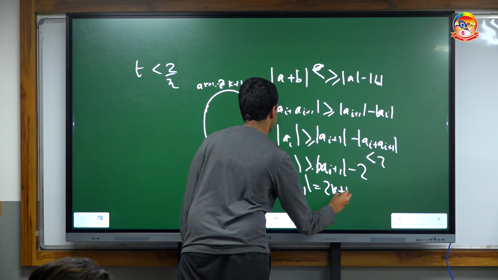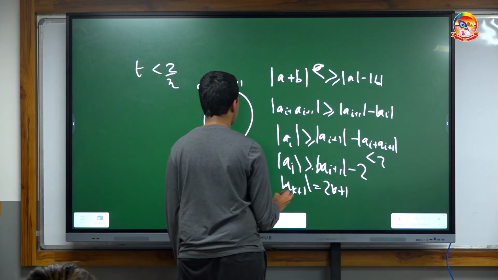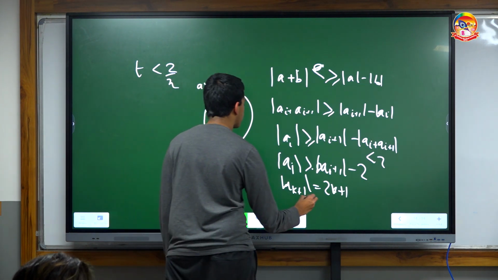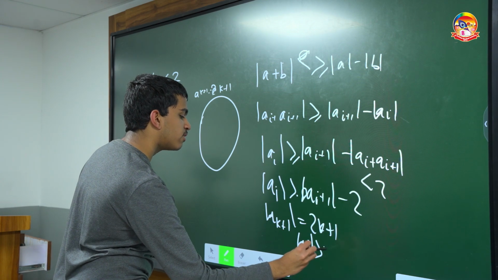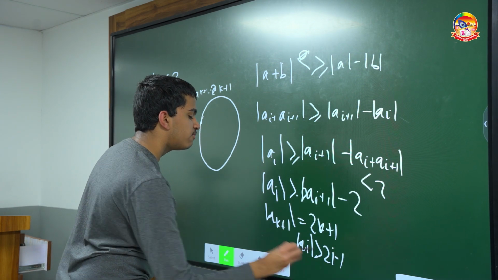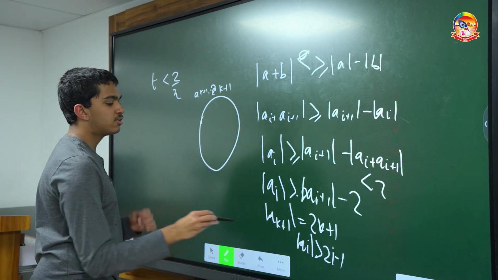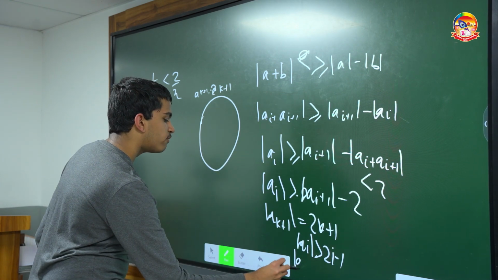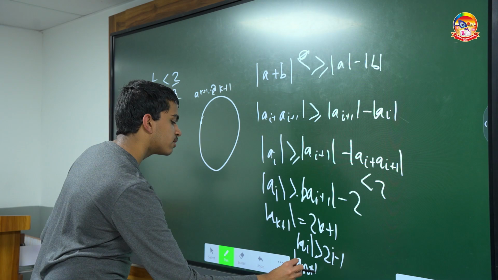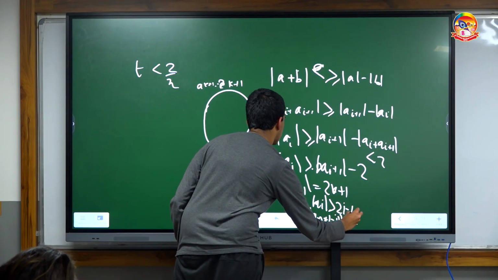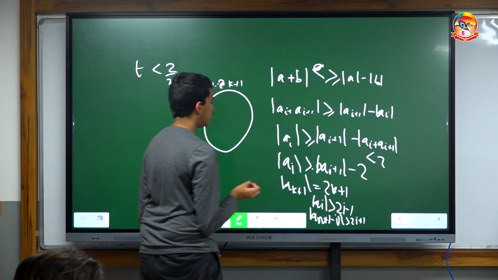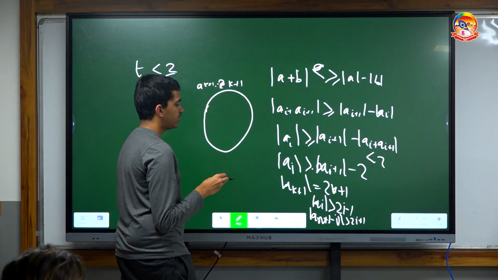So we can easily show by induction that for all i less than or equal to k, we have that mod of a_i is greater than 2i minus 1. And similarly, we can show in the other direction that this is also true for mod of a_{n+1-i}, greater than 2i minus 1. So we get that all the mods of numbers are greater than 1.